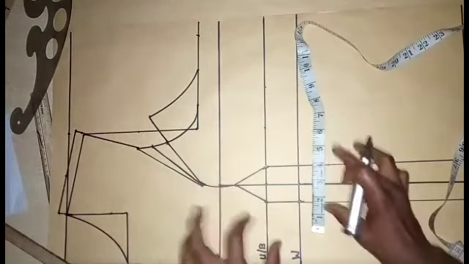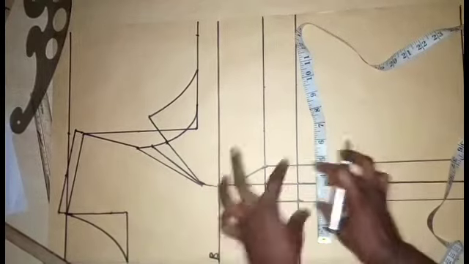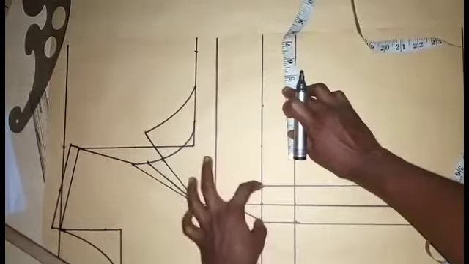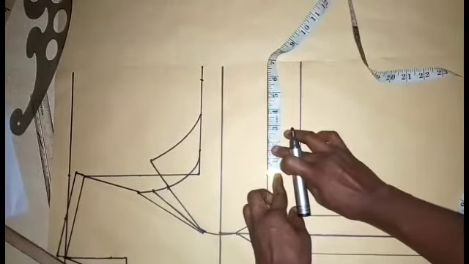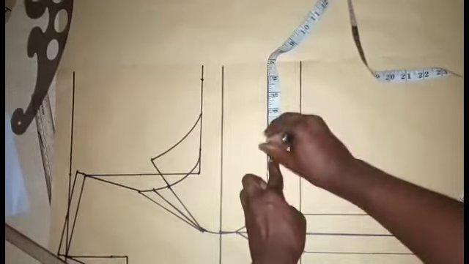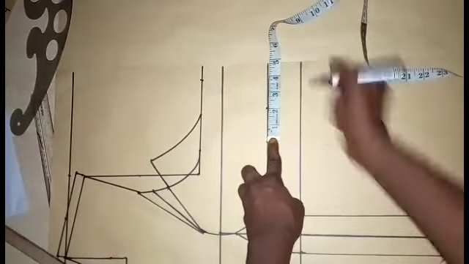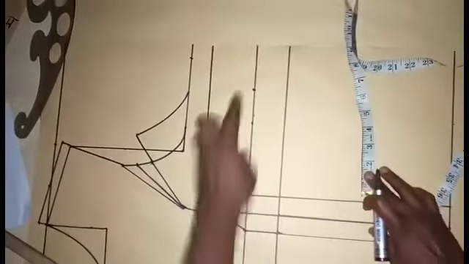If you don't replace it, by the time you join, you know you're taking away 2 inches. By the time you join it, you have shortage. So this 2 inches dart, I would replace it here. This is it. Then I'll add my 2 inches sewing allowance, and this is it. So I mark that.